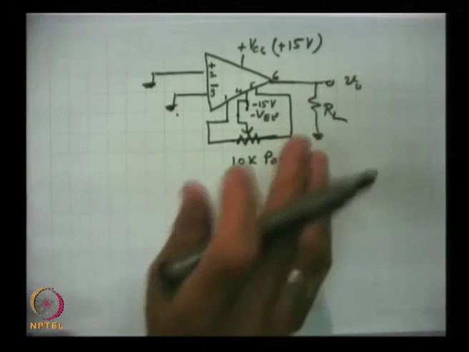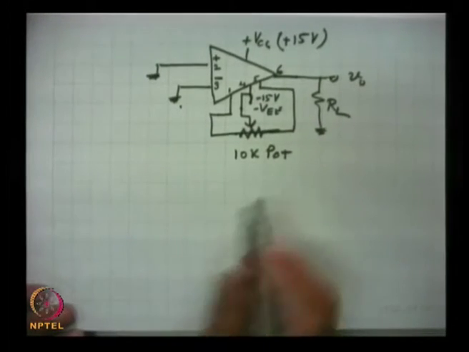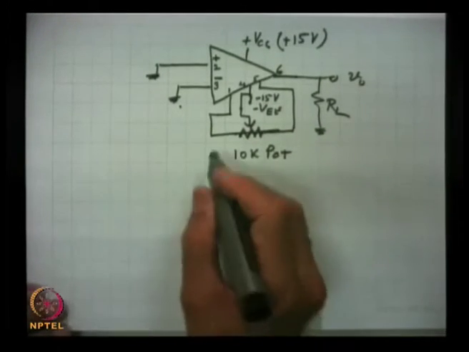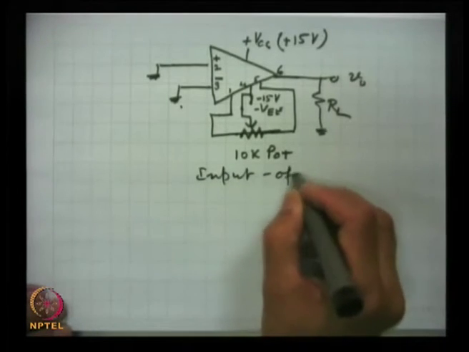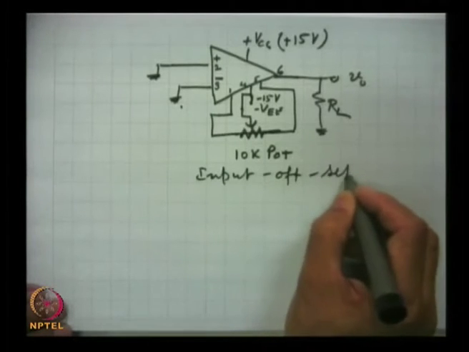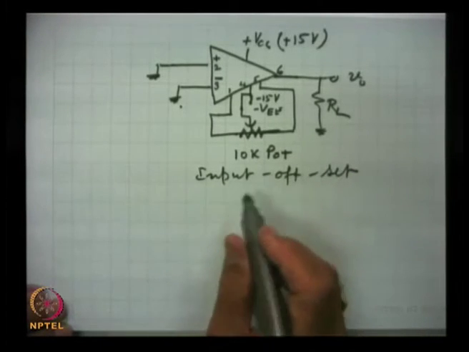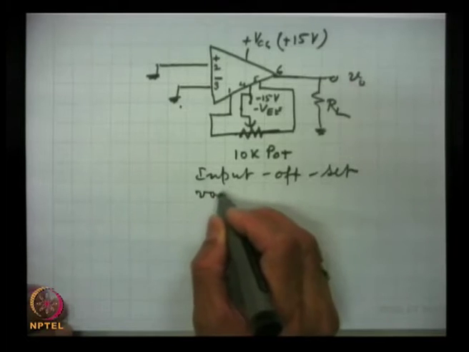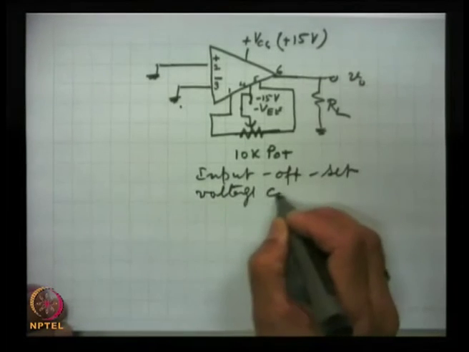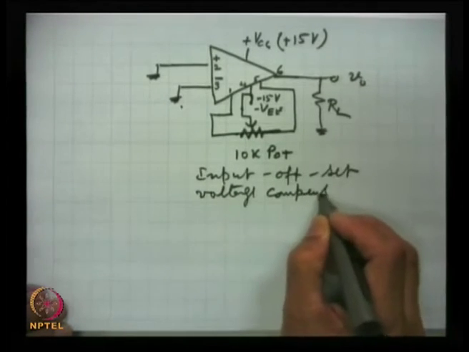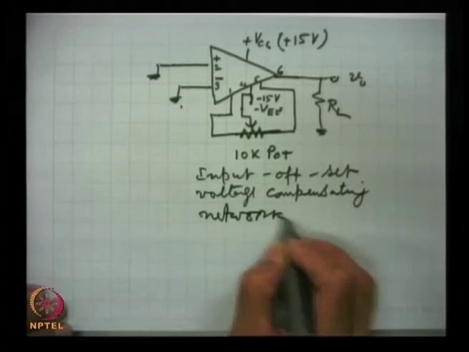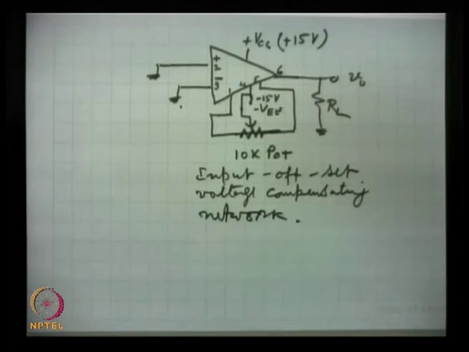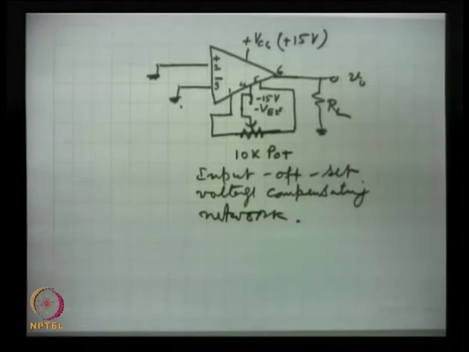So, that takes care of this, which is called the input offset voltage compensating network. It compensates. So, we rotate till we get the output 0, and that is it.